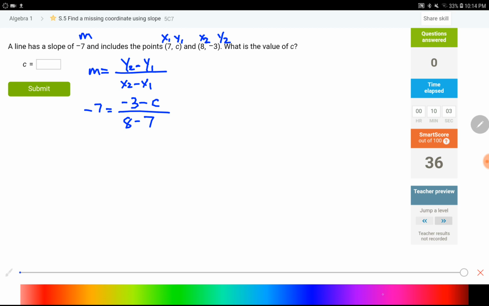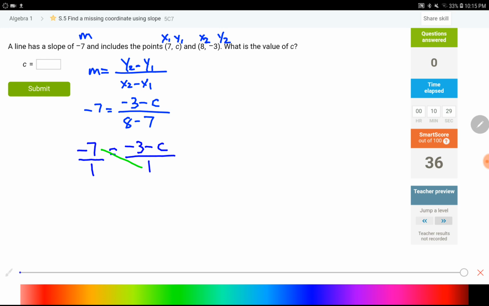Let's just organize this a little more. I'll bring down the -7. The top right should stay the same because these are not even like terms, and 8 minus 7 is 1. Now let's convert this into a fraction so we can do a cross multiplication.